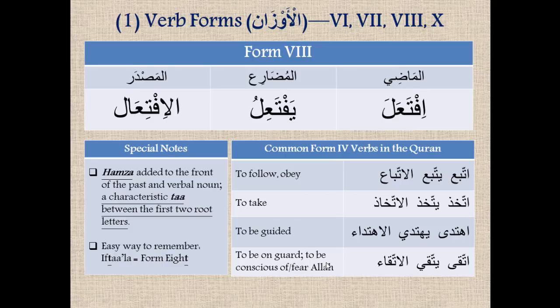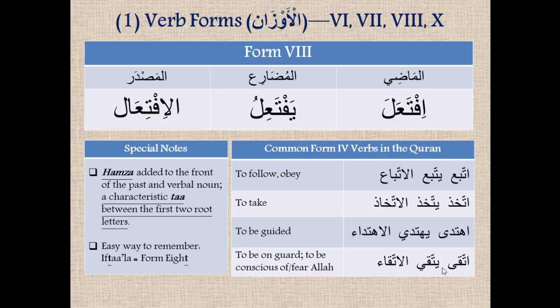You'll notice that some of these verbs take a shadda on top of the ta, like ittaba'a, ittakhadha, ittaqa, and that's because of the root letters. For ittaba'a we have ta, ba, and ayn. So ta is actually one of the root letters, the radicals. For ittakhadha, the radicals are hamza, kha, and dha. And for ittaqa, we have waw, qaf, and ya.